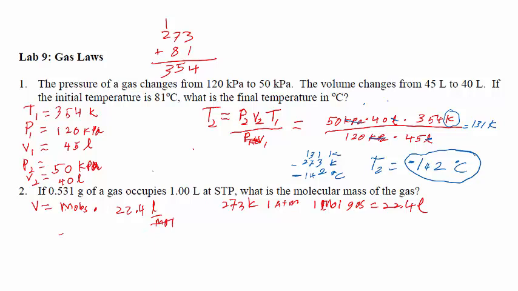So moles cancels. I should actually put N, since N is usually referred to moles. So N is the number of moles, and the moles is the unit that cancels, and you end up with liters.